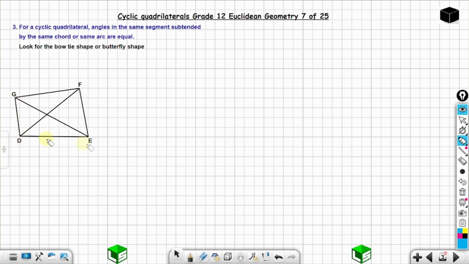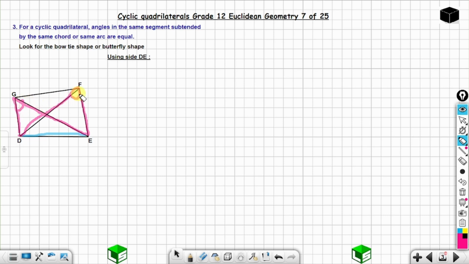If we use this side, DE, now you have to prove that this angle and this angle are equal.